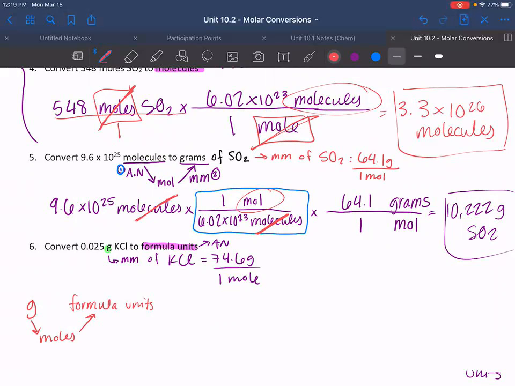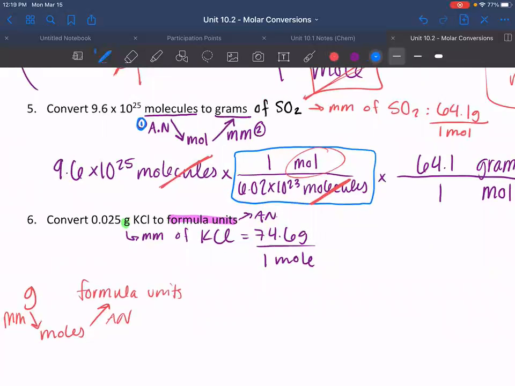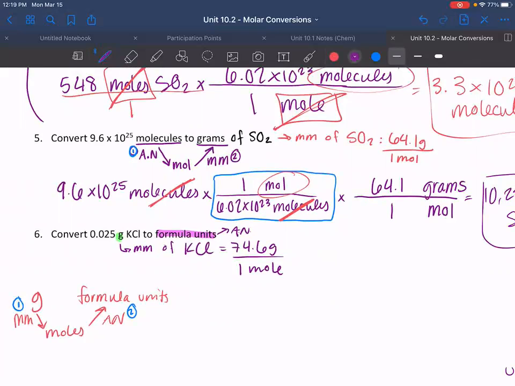So how do you go between grams and moles? We use what? Molar mass. How do you go between moles and formula units? Avogadro's number. So those are our 2 conversions we're going to have to do. So 1 and 2. Start with what we know. Well, we have 0.025 grams of KCl.